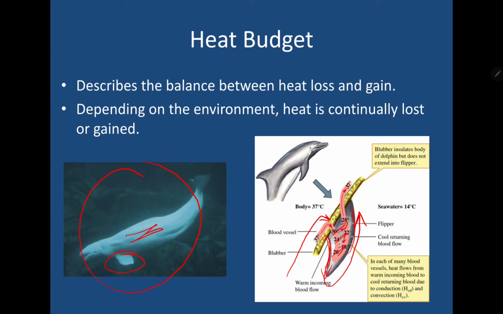Okay, so this prevents the flipper from losing too much temperature. And as this happens, it also prevents the blood that flows back into the body from being too cold. Because if it's too cold, then it also runs the risk of lowering the body's core temperature.